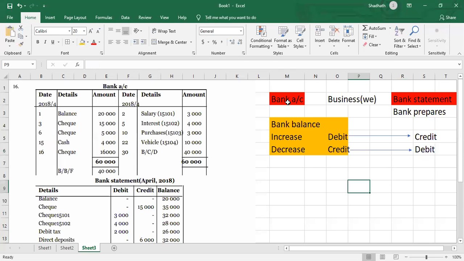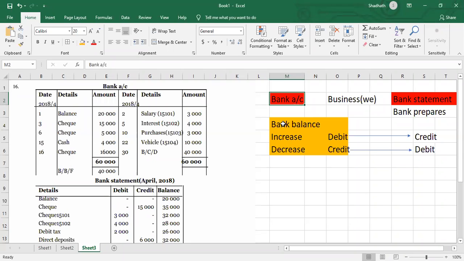So a bank account and a bank statement are opposite entries. In the bank account we prepare, when our bank balance increases it is the debit side, and when it decreases it is the credit side. Deposits are debit side, issued checks are credit side. But the bank prepares the bank statement: increases are credit side, decreases are debit side.